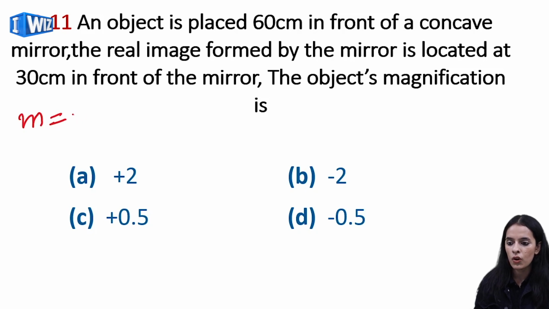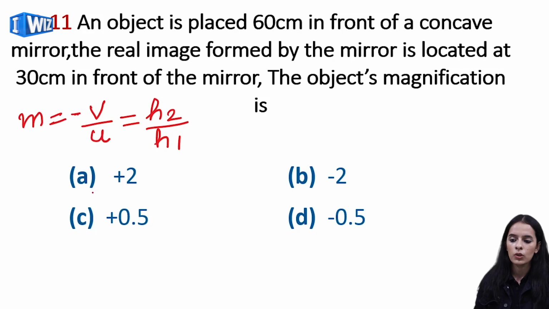First, it's the ratio of the image distance to the object distance, and it's also the ratio of the size of the image to the size of the object. So there are two formulas for finding the magnification. Here I can see that the object is placed 60 centimeter, that is the object distance, and the image distance is 30 centimeter.